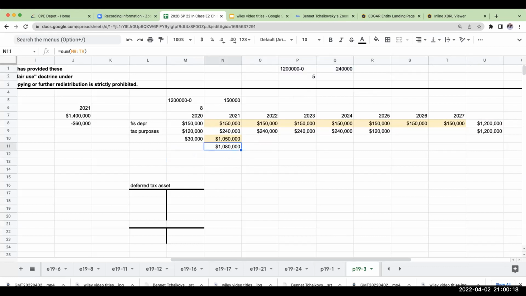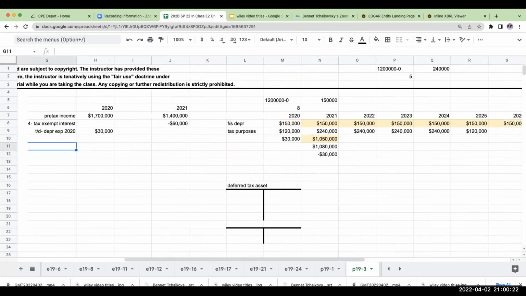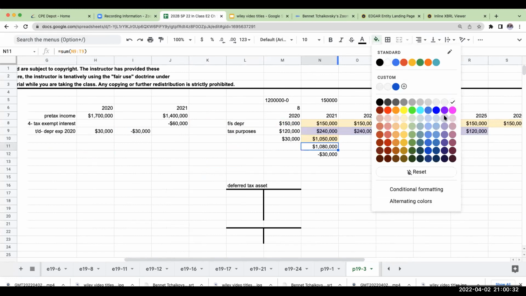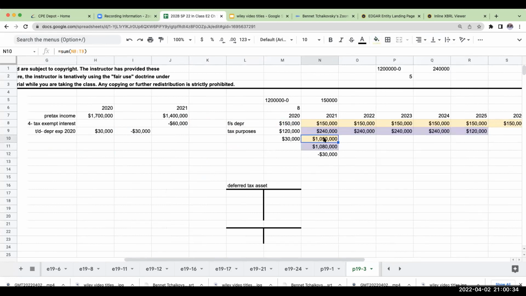So what we can see with this is that this 30,000 is going to be reversing in future periods. In future periods, for my financial statements, I'm only going to be deducting $1,050,000, but for tax purposes, I'm going to be deducting $1,080,000.